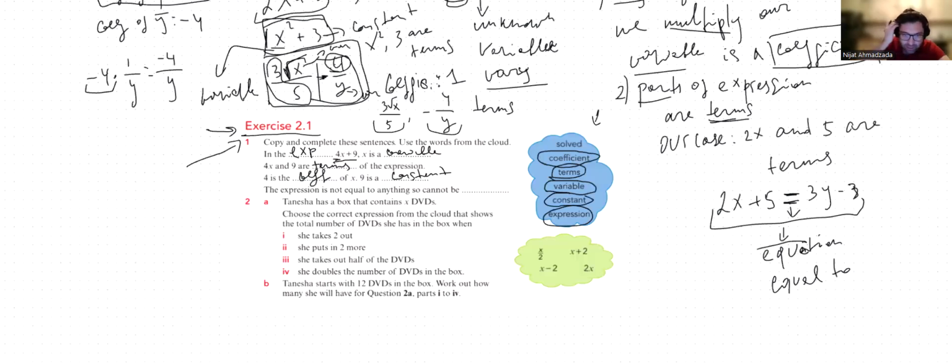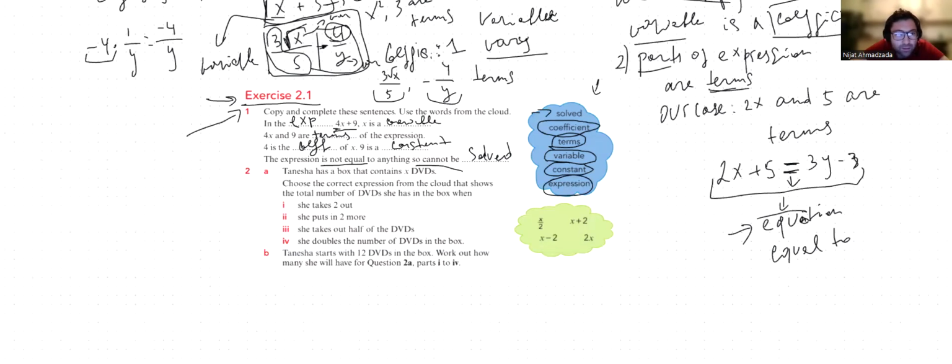We are not multiplying it by anything. The expression is not equal to anything, so it cannot be solved. If it were equal to something, we would call it an equation. That's it. There's nothing else.